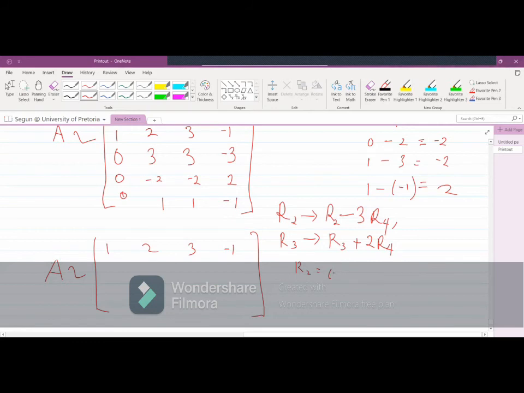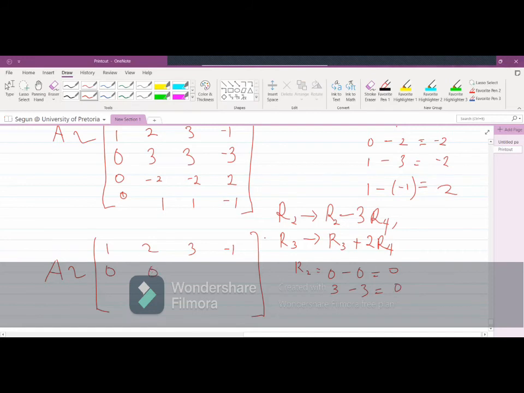Our R2 is 0, the first one, minus 3R1, minus 0, right? Yeah, that's 0. So we have 0 here. The next one is 3 minus 3, 0.